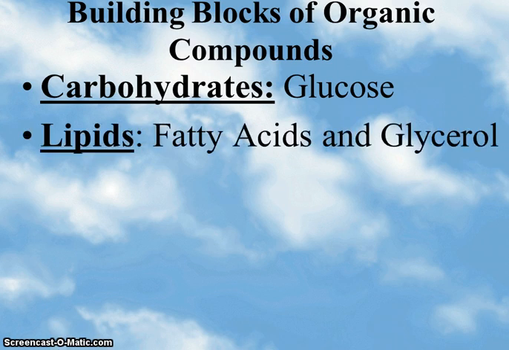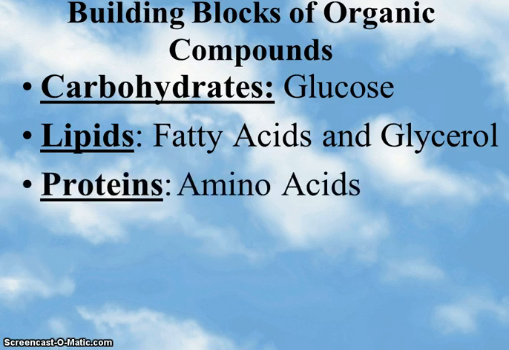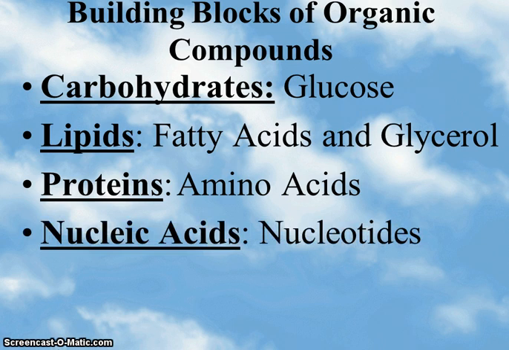Next, we talk about lipids, and the building blocks for lipids were fatty acids and glycerol. Then we dealt with proteins, and the building blocks of proteins are called amino acids. And finally, the fourth type of organic compound found in biomolecules are called nucleic acids, and the building blocks for nucleic acids are called nucleotides.